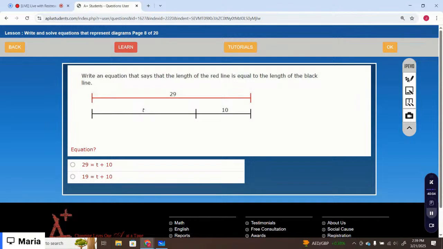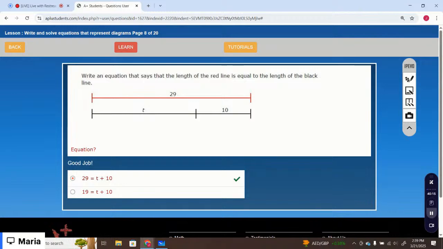Write an equation that says the length of the red line is equal to the length of the black line. So that is T plus 10 equals 29. Option number 1 is the correct option.